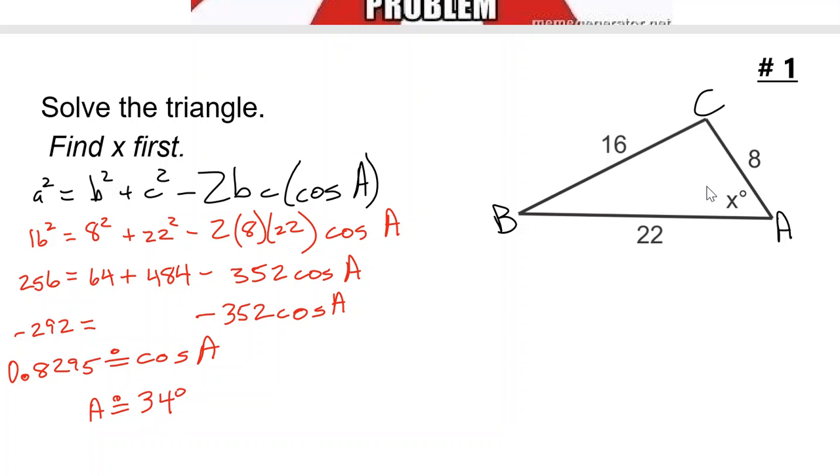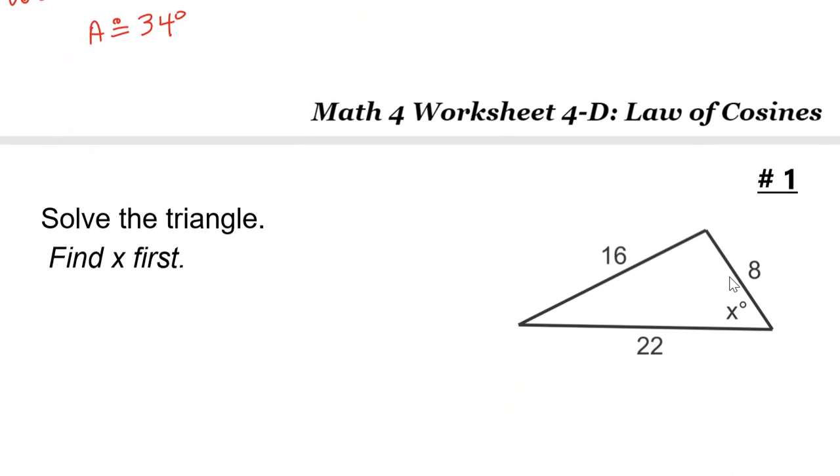So that is my first one. Now we can play the same game with angle B. We really only have to do this twice, because we can subtract from 180 for the guy that's missing.